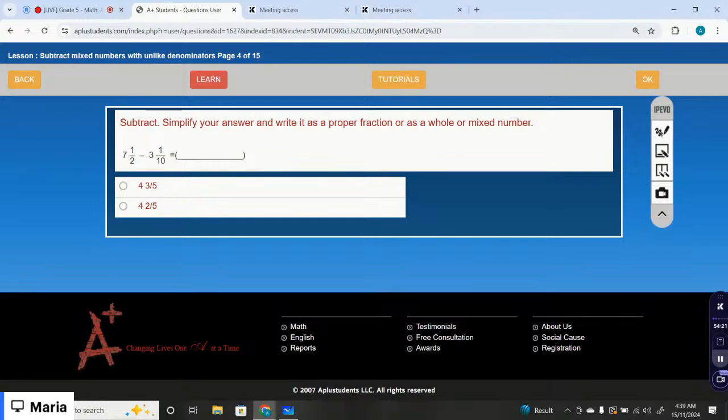That is 4 whole 2 over 5. Option number 2 is the correct option. Got it? Okay, you can complete the lesson by yourself later today.